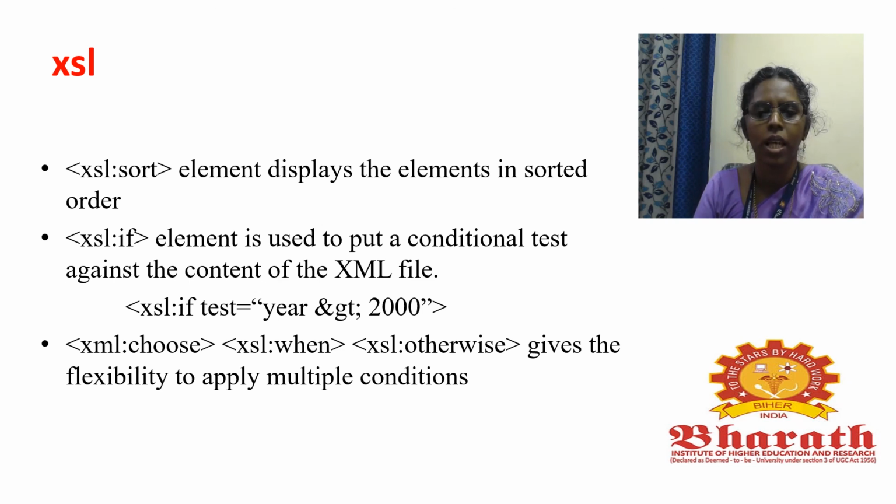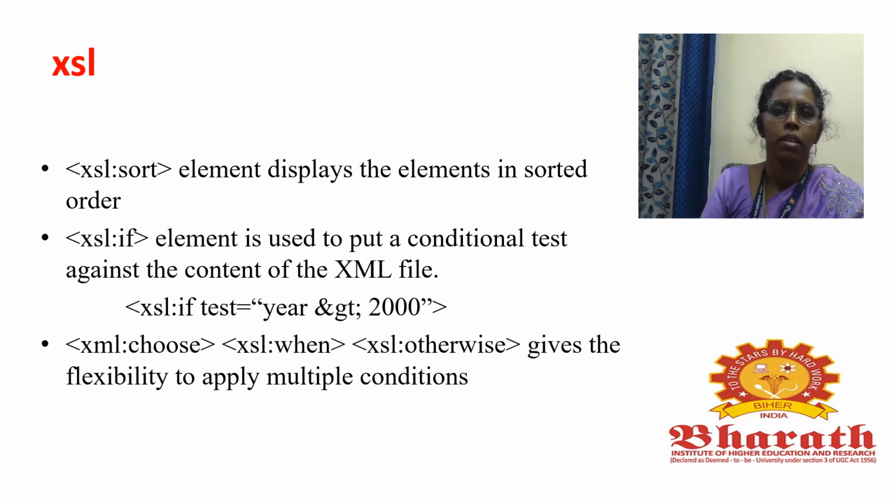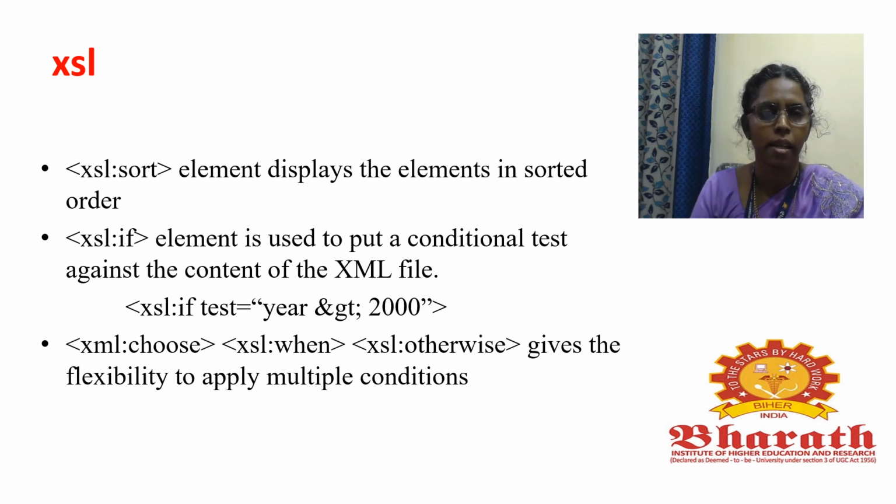So using this we can add multiple conditions within our XML program. So XSL is nothing but an XML style sheet language. XSLT specifies XML style sheet transformation which is used to convert to a particular document, and XSL consists of some important elements which are used to extract a particular set of data based on the constraints.